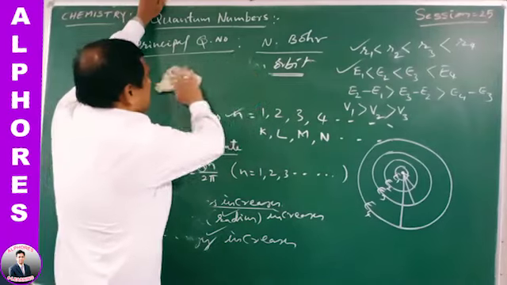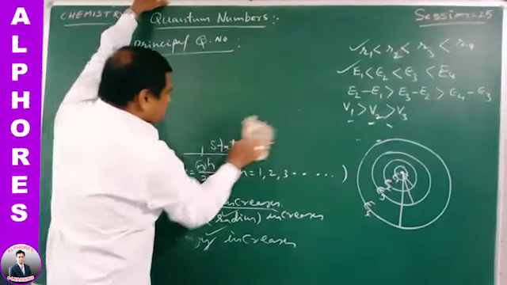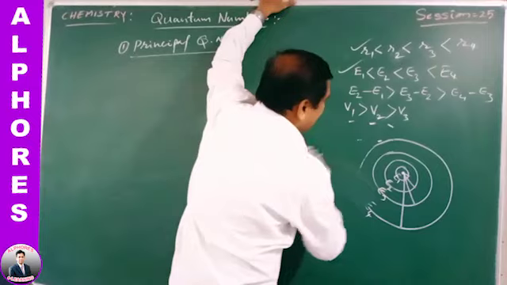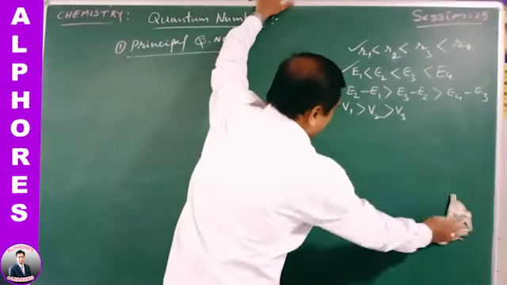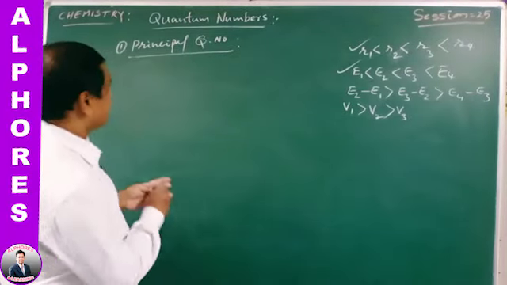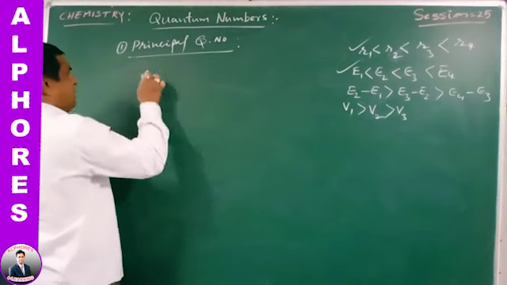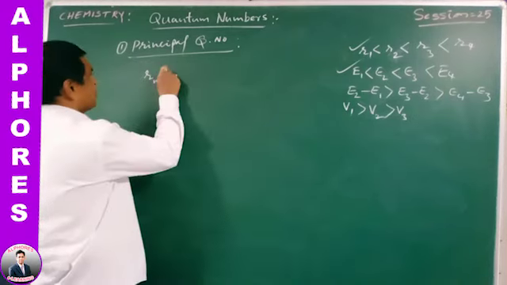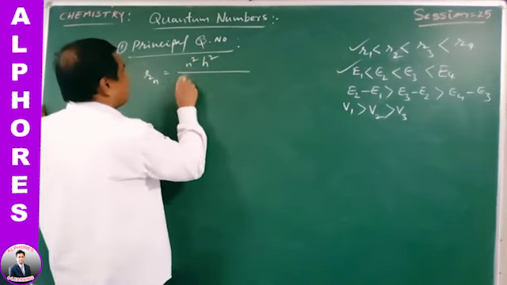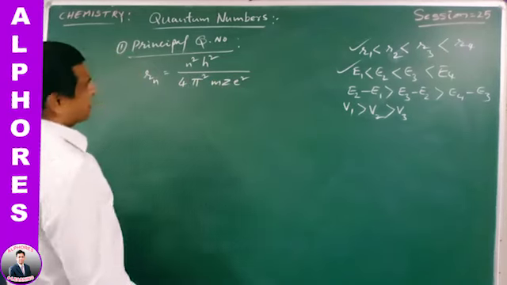Niels Bohr equation, or you can say expression, to calculate radius of the orbit. Radius of nth orbit is equal to n square h square by 4 pi square m z e square.